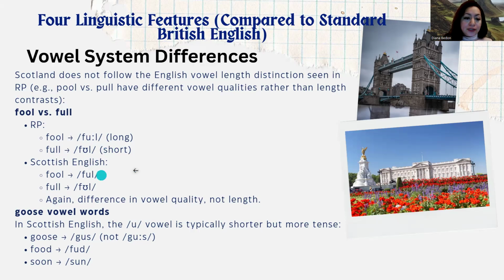In Scottish English, both sound similar. Again, the difference is in vowel quality, not length. In the GOOSE vowel words, the U vowel is typically shorter but more tense. Food, foot, and soon.